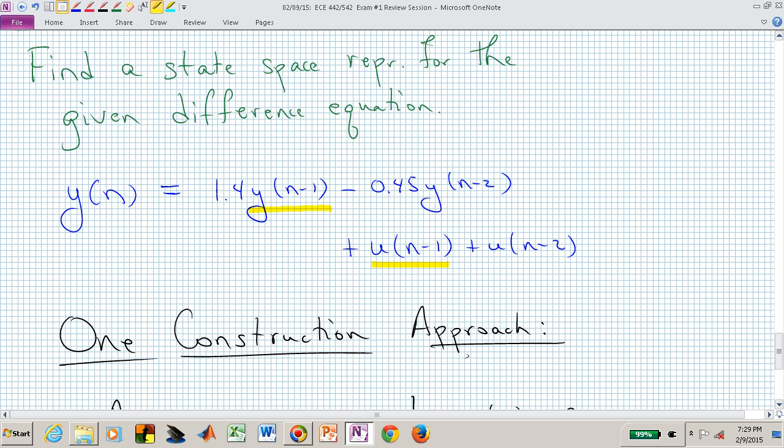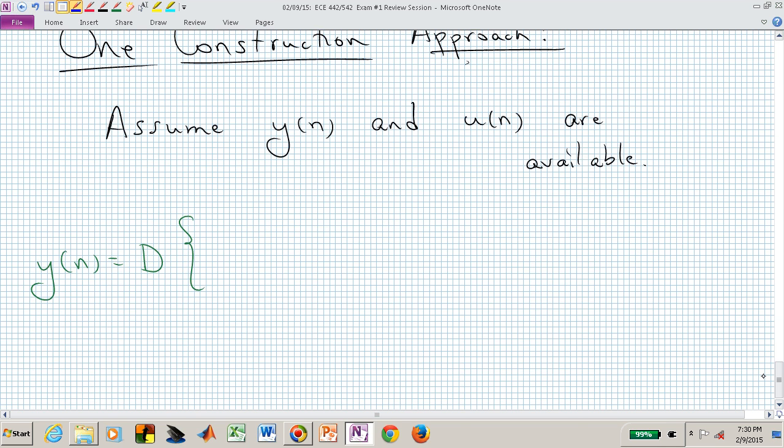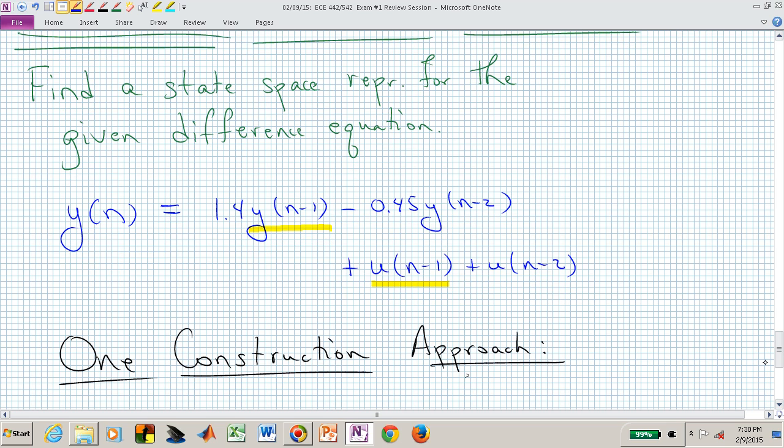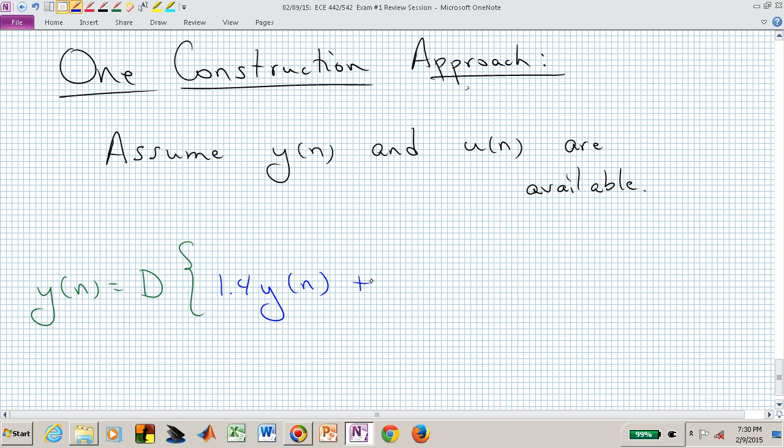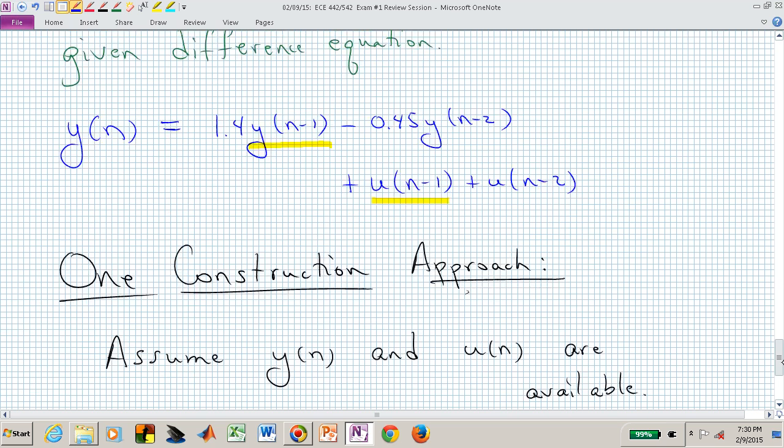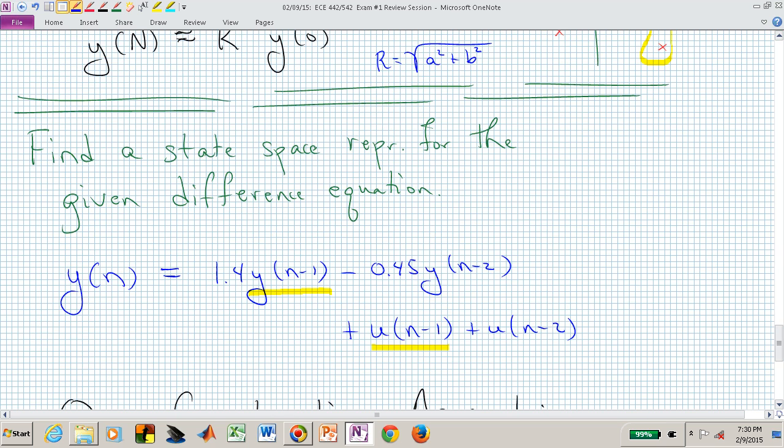Meaning if I now write here, if I operate with a delay of 1.4 y of n, is it clear that that's the same as that first term on the right-hand side? If I say y of n delayed 1, that's what this is. And u of n, I can also delay by 1. And so I've now accommodated those two yellow underlined terms on the right-hand side.